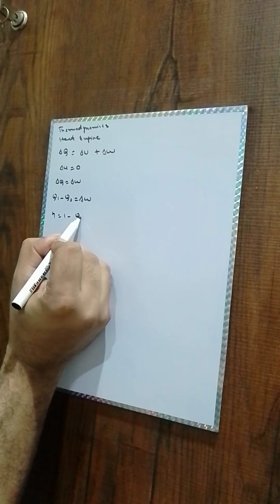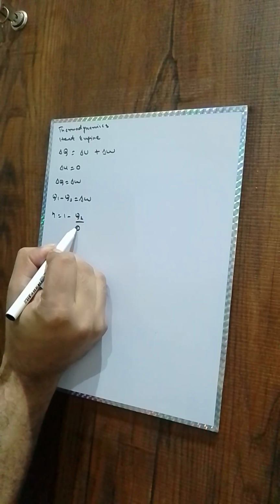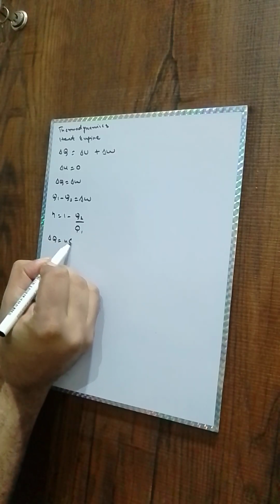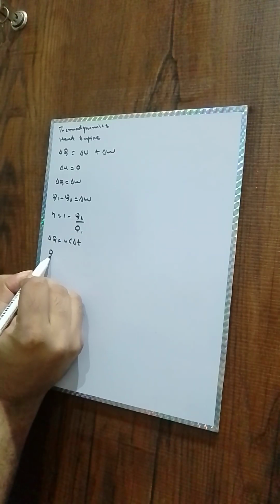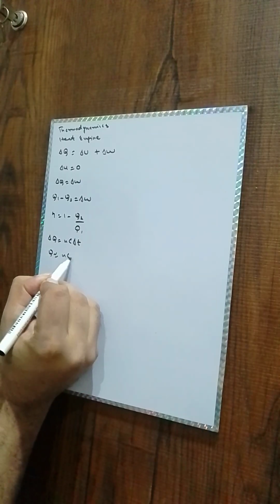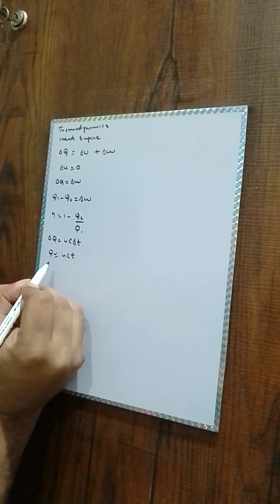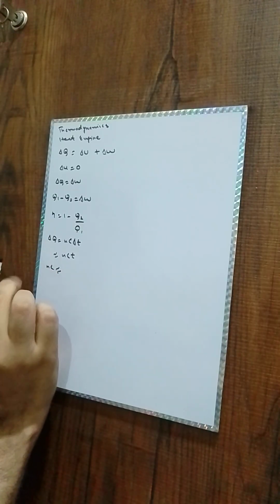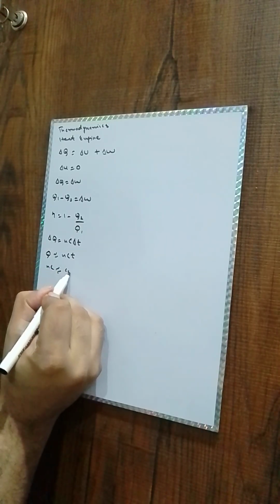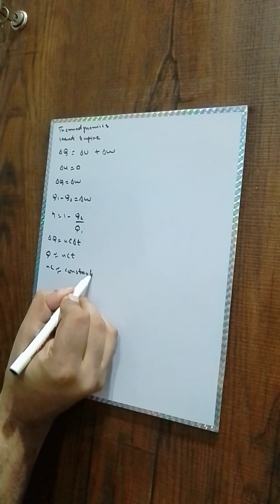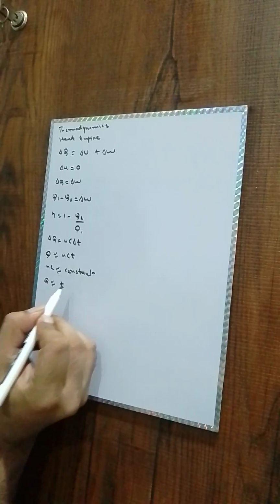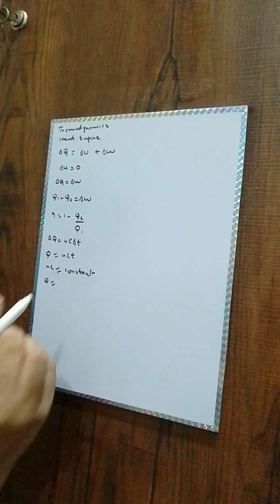So eta is equal to 1 minus Q2 by Q1, but delta Q is also equal to NC delta T. Q can be approximated to NCT, where NC is roughly a constant. So Q can be approximated to T.